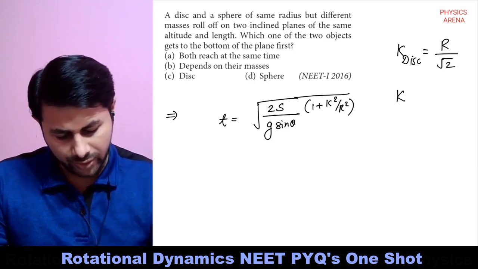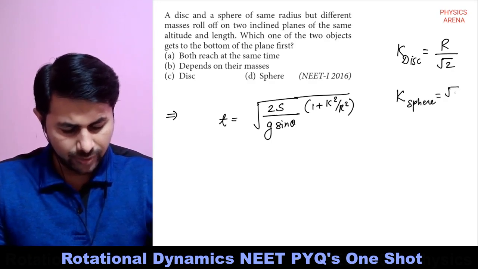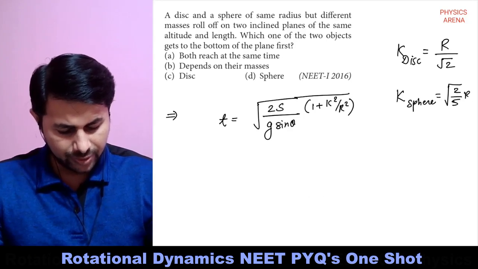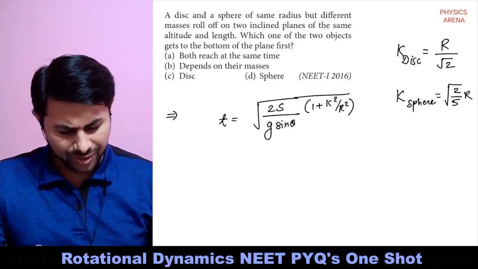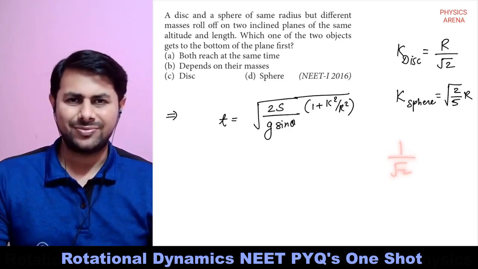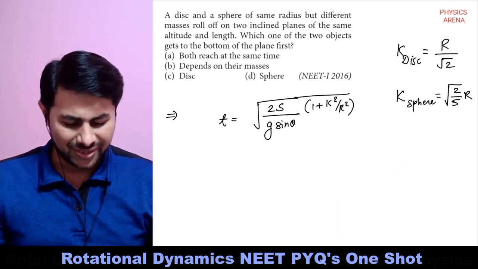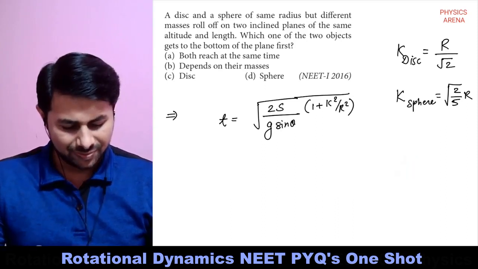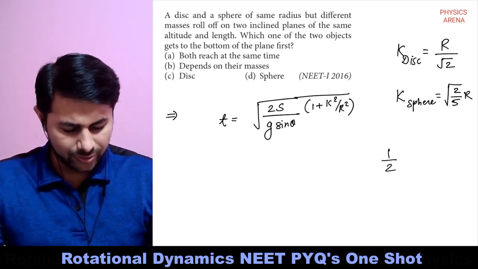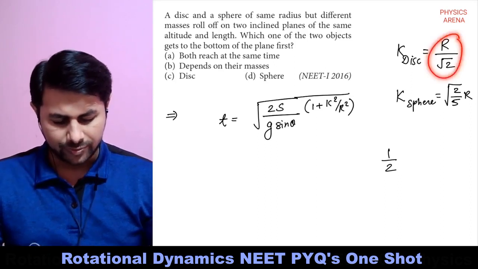And k for sphere is root 2 by 5 r. Okay. So which one is more? 1 upon root 2 or root 2 by 5? So we can square and find it out, right? Because we want square only. So square of this will be 1 upon 2.